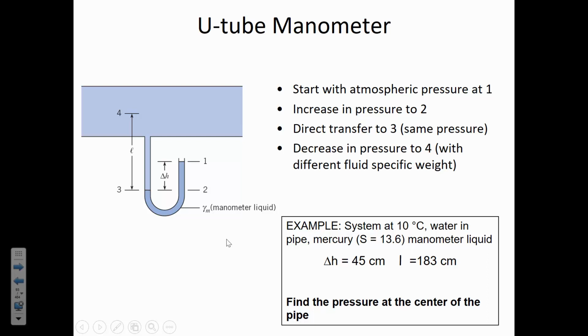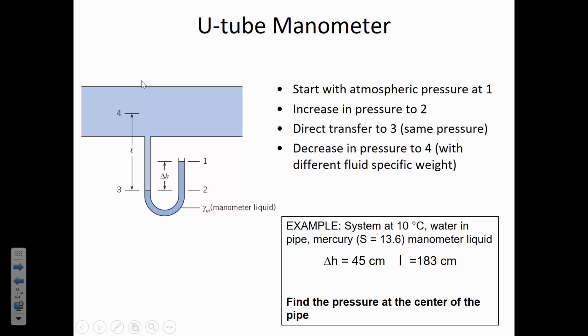And so you won't have to have a large delta H to measure pretty large pressure inside of the pipe. So mercury is useful in that respect. It's also not so good because it's toxic. So you wouldn't want to have it in contact with drinking water. But this is just the fluid mechanics fundamentals here we're talking about. So we'll set aside toxicity for now. Let's find the pressure at the center of the pipe.